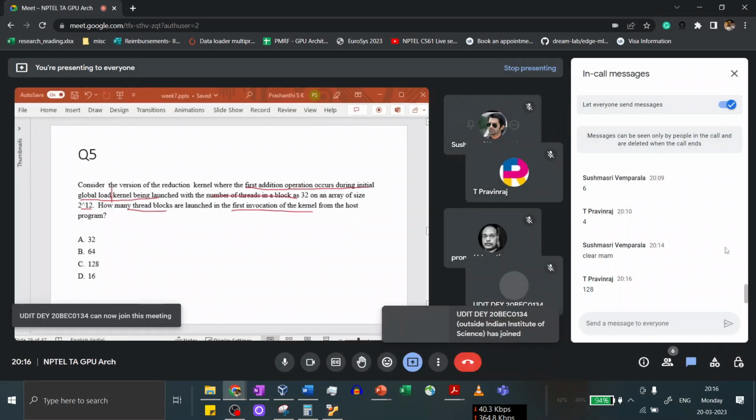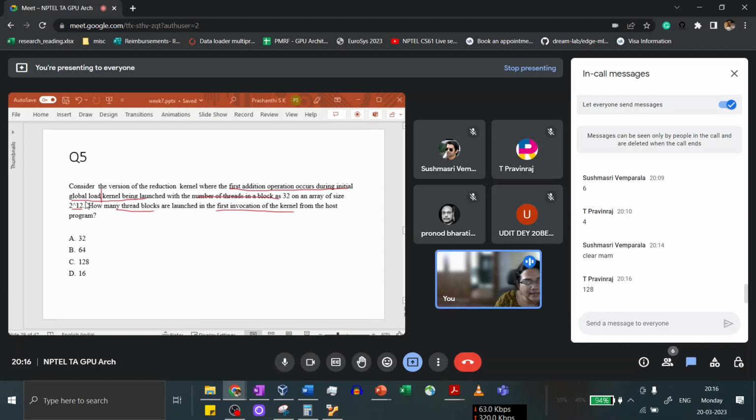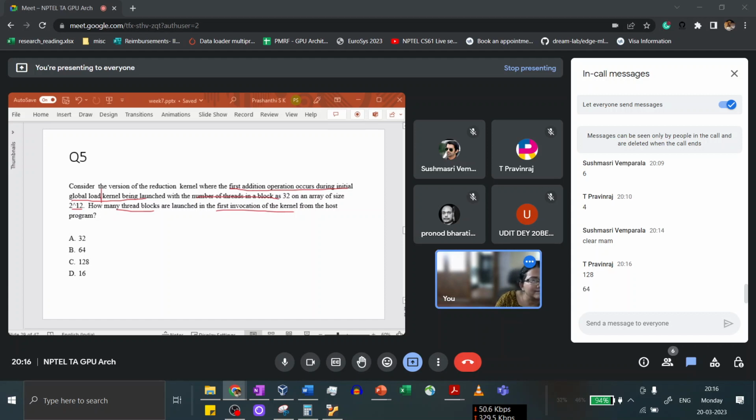Okay, we have one answer saying 128. Any other answers? I'll wait, I think a minute more at least. Take into account that the first addition occurs during the initial load itself. Okay, 64.